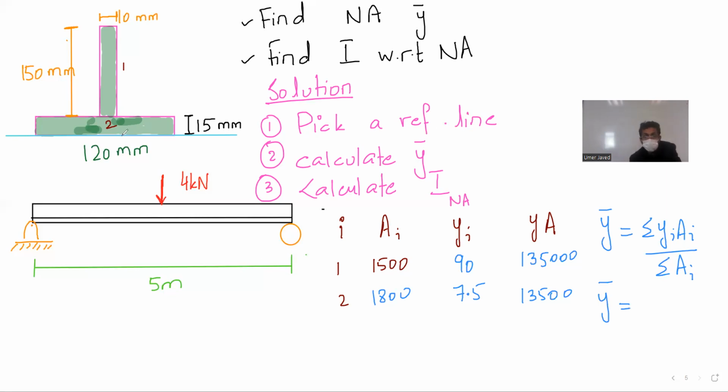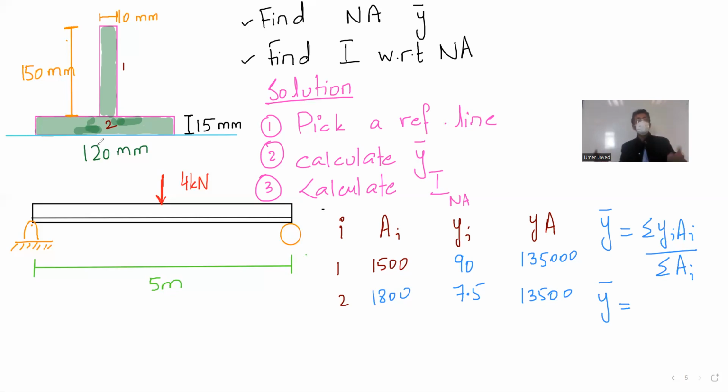Now that you have got your Y bar, you will calculate the moment of inertia. This Y bar, is it the neutral axis or is it the centroid? Oh, I think I said the wrong sentence. Now that we have the Y bar, we will calculate the moment of inertia. I think I ended up saying now we have the Y bar, we will calculate the neutral axis. I apologize. The Y bar is the centroidal line and the neutral axis goes through the centroidal line.